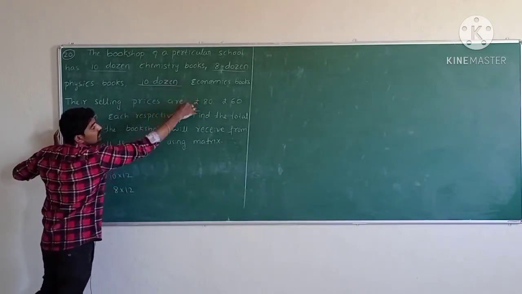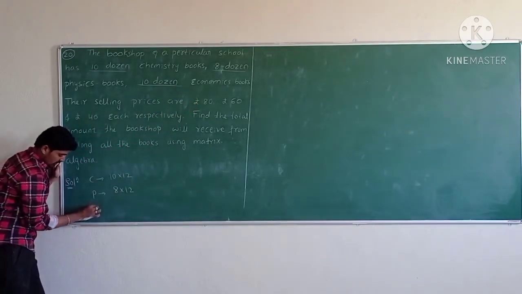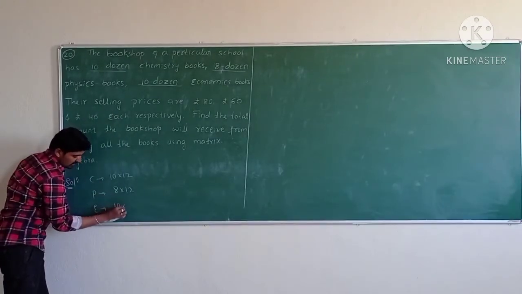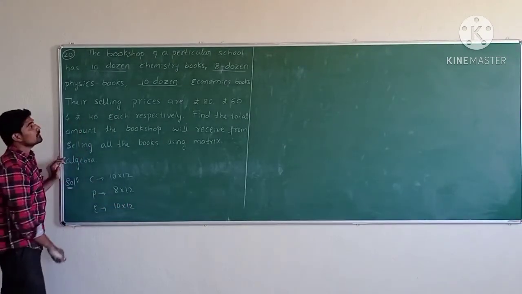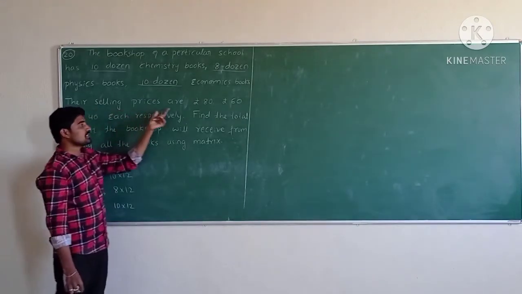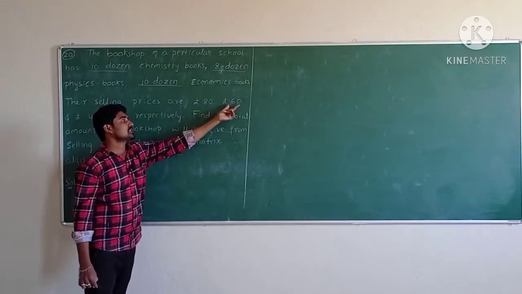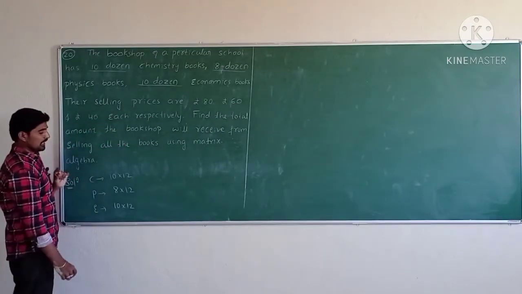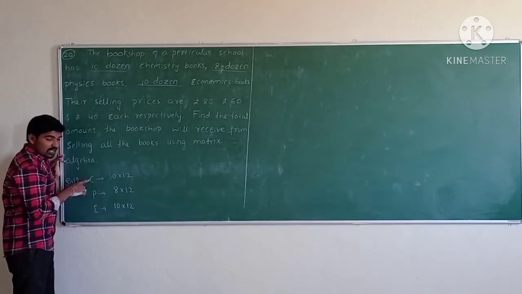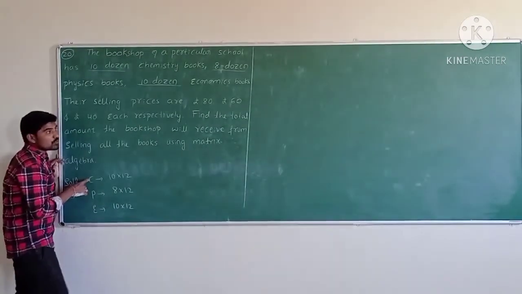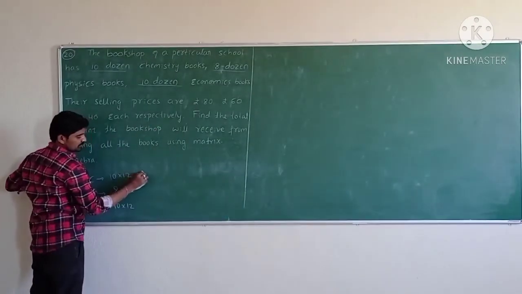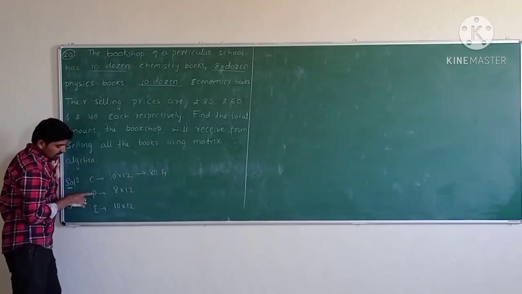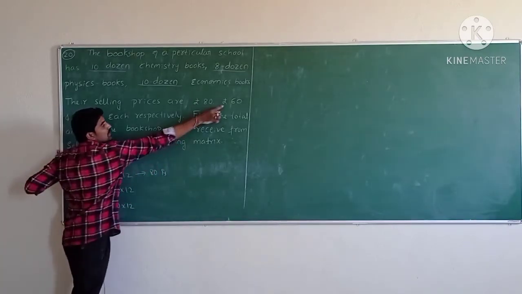And 10 dozen economics books: the number of economics books is 10 dozen, which means 10 into 12. And their selling prices are 80 rupees, 60 rupees and 40 rupees each respectively. It means each copy of a chemistry book is 80 rupees, and each copy of a physics book is 60 rupees.